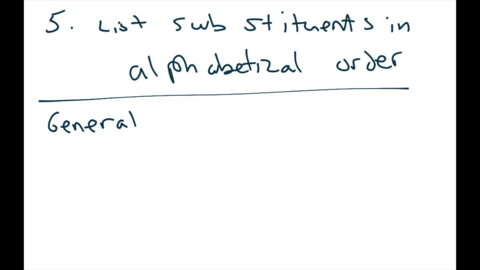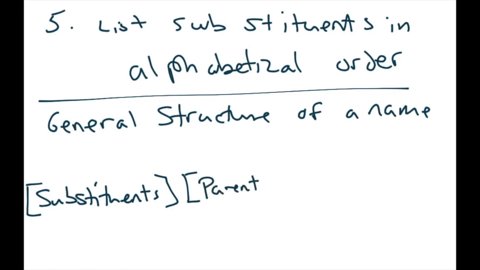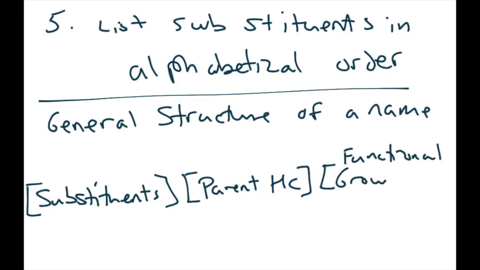All right. So the general structure of a name, right? All your substituents are going to be to the left of the parent hydrocarbon, right? And then to the right of your parent hydrocarbon is going to be functional group suffixes, right?